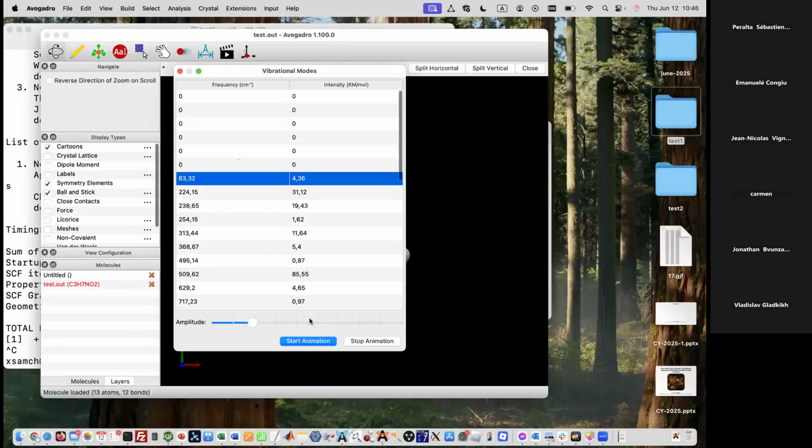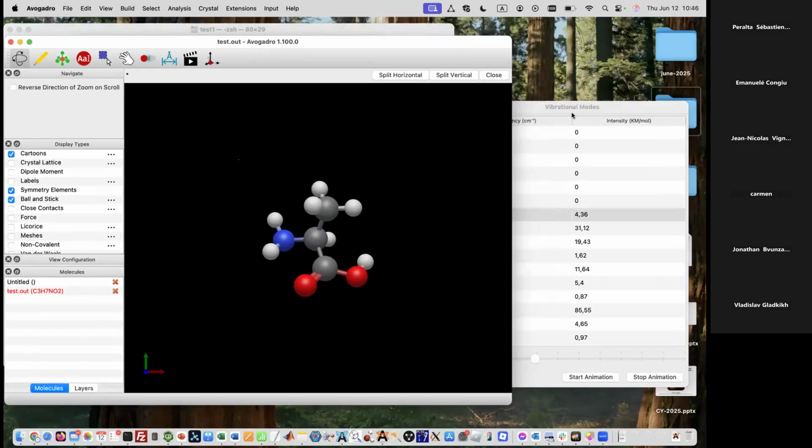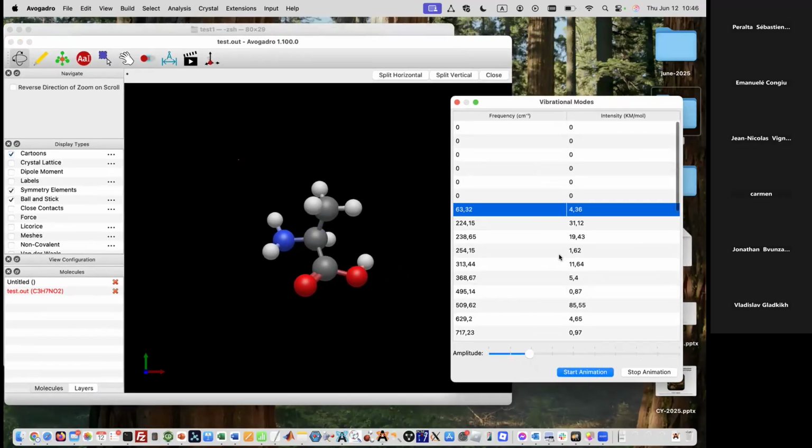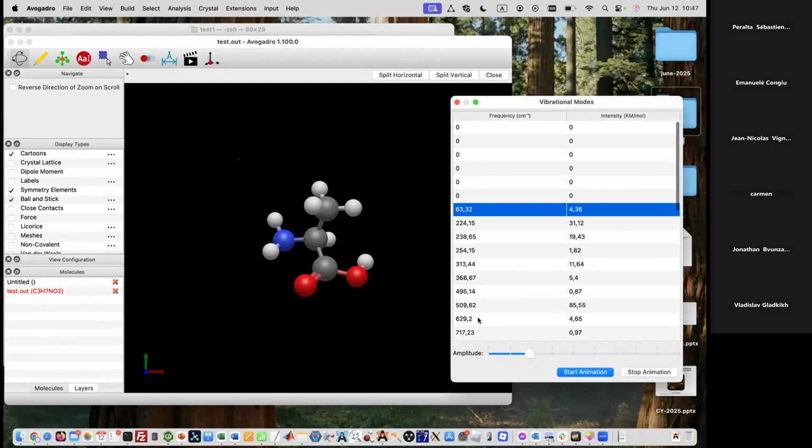I open the output file using Avogadro software, and then you can see all the frequency values here. They are all positive numbers, so that's good. It means your molecule is in a local minimum. So it is important to check all the time.